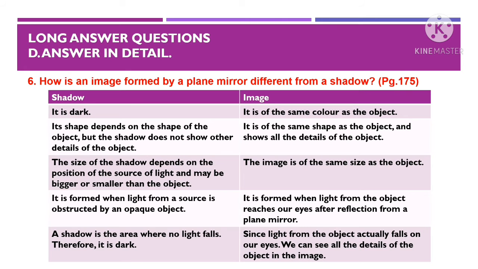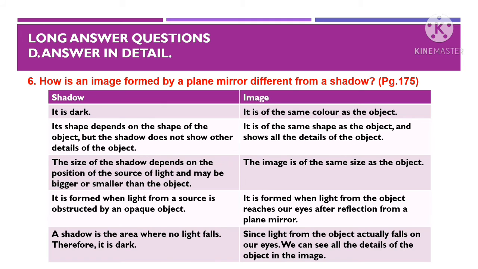Question 6. How is an image formed by a plane mirror different from a shadow? Answer is in page number 175. Table 15.1. Differences between a shadow and an image formed by a plane mirror. Shadow: it is dark. Image: it is of the same color as the object.